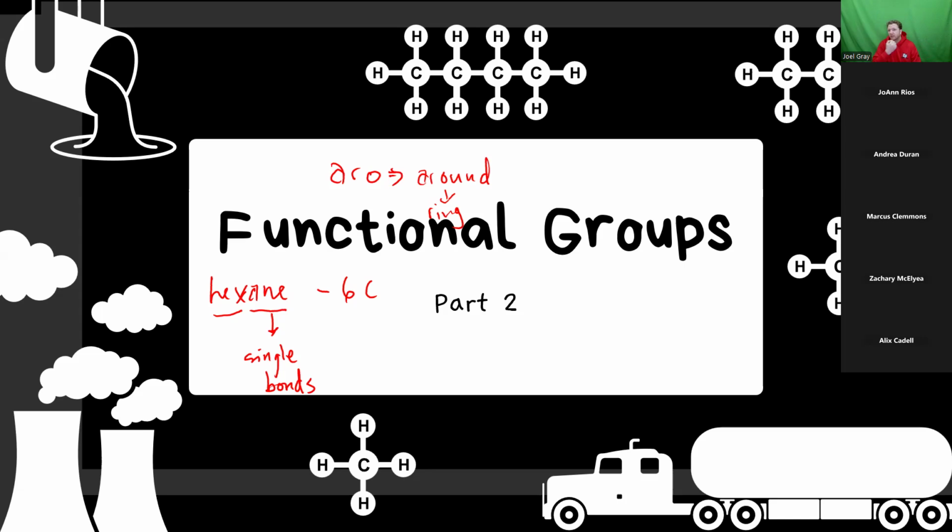Alex, you have a fantastic question of how do we know the benz part of benzene means six? My answer to that, and I don't mean to sound cold or blunt, is that it's just one of those common names that you have to commit to memory.